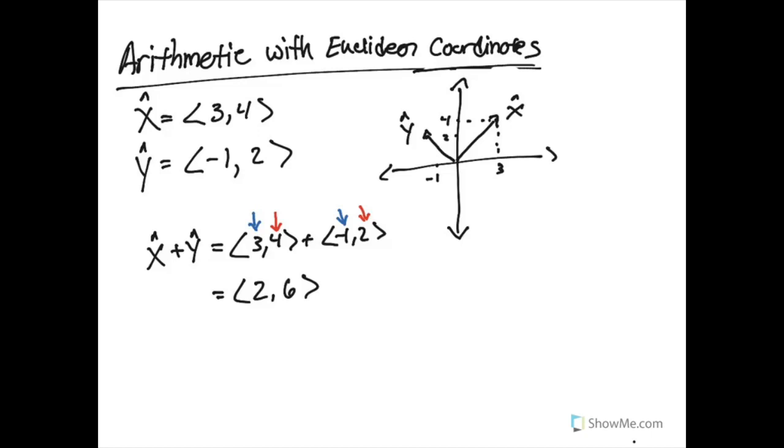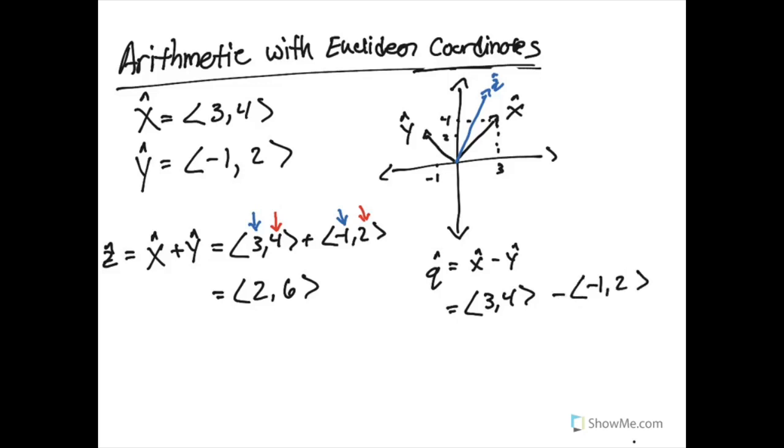So if we were going to plot this graphically and say that this result here was called z, for x plus y is equal to z, then z would be at the point 2, 6, somewhere up here. And just in the same way that we can add vectors, we can also subtract them. So if we were to subtract x and y and make some value q, then it would be 3, 4 minus -1, 2.